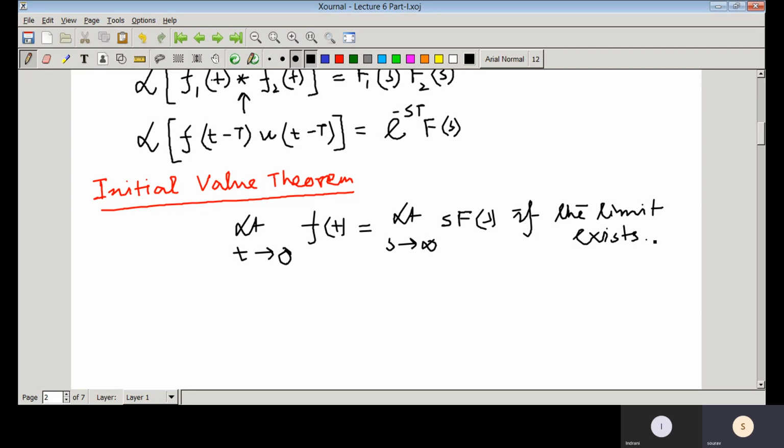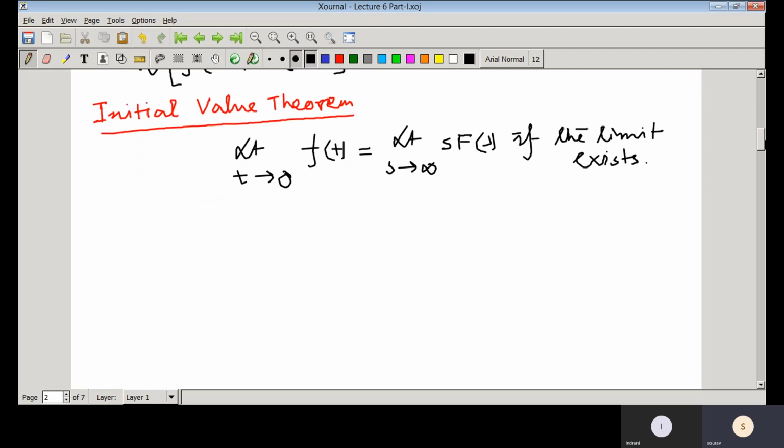Here I am not going to show the proof of this initial value theorem. If you are interested, you can see some standard book on signals. And there is another theorem that we will be using explicitly in this course, the final value theorem.